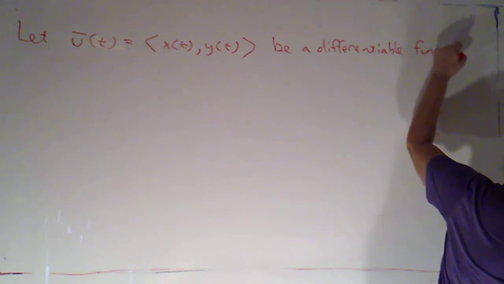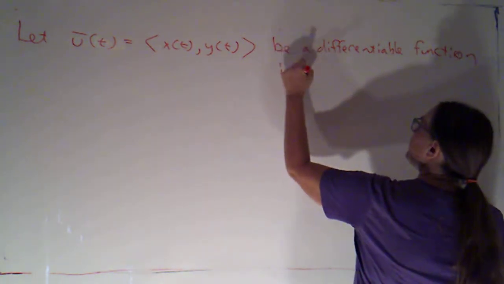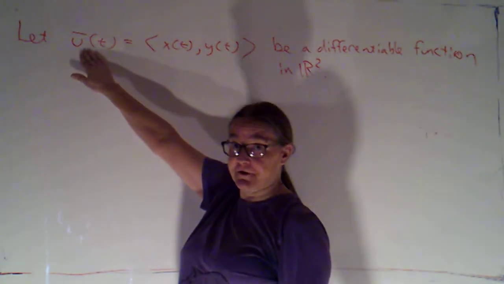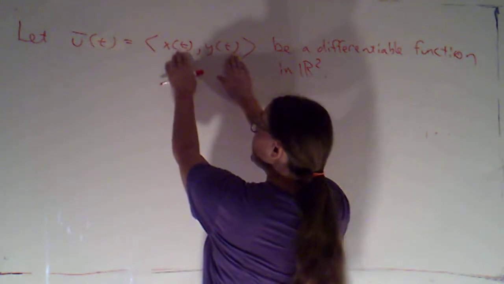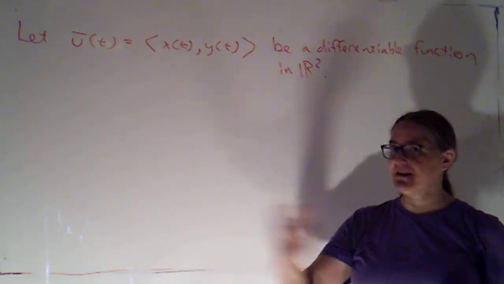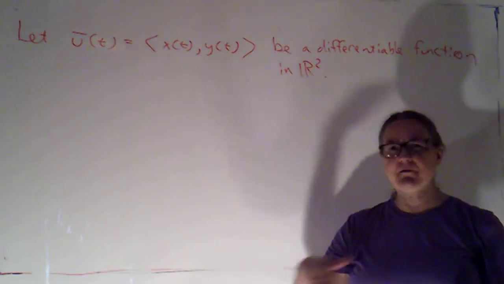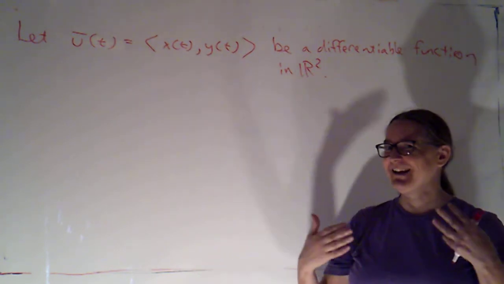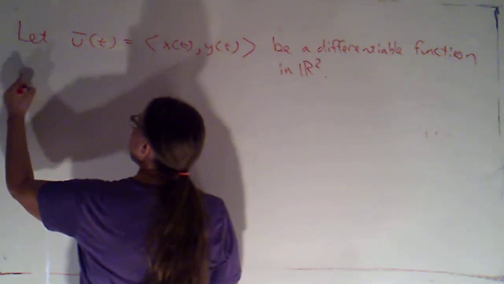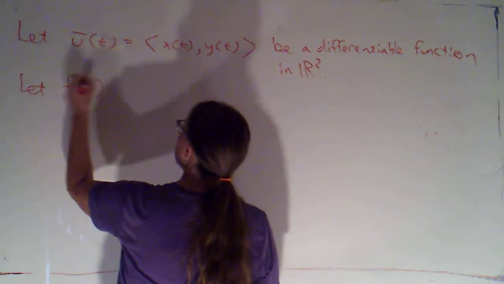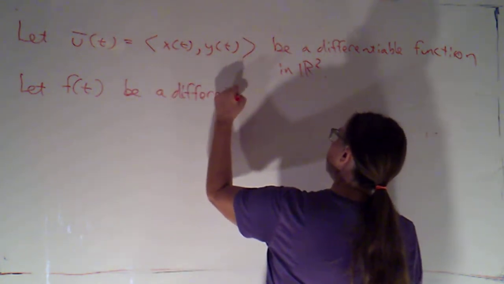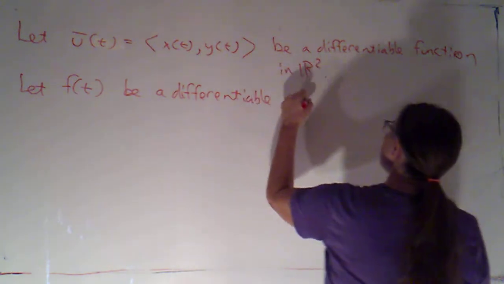Now notice, by saying that this one vector function is differentiable, I have just told you that both components are differentiable, because we have a theorem that says we take the derivative component-wise, and if one of the components isn't differentiable, I can't take the derivative of the whole thing. Okay, I'm going to then let f of t be a differentiable real valued function.